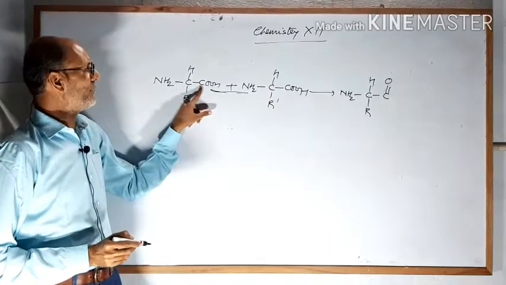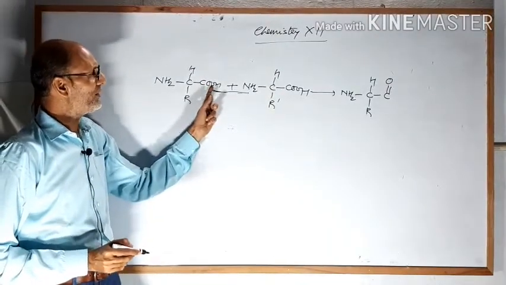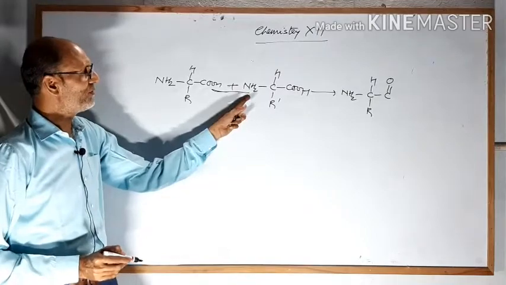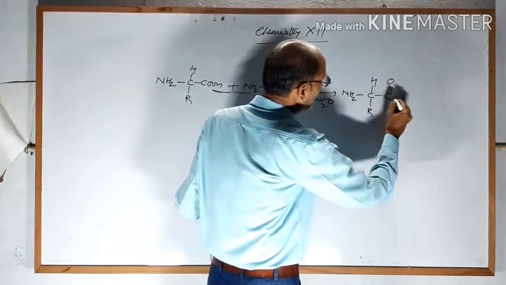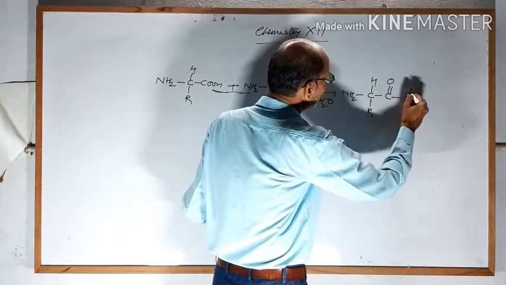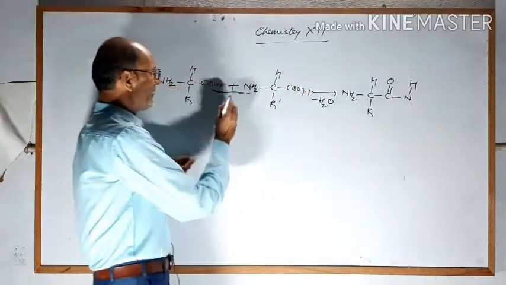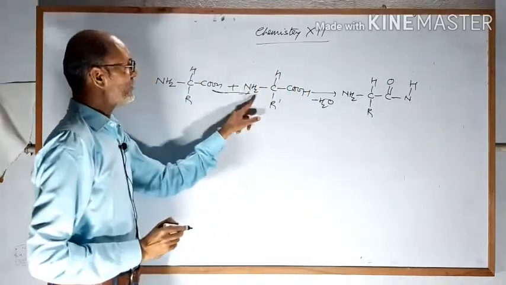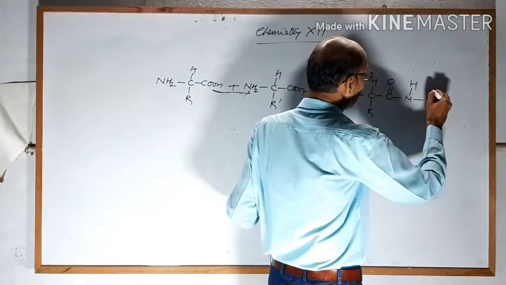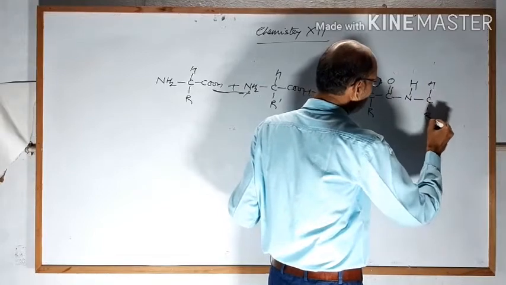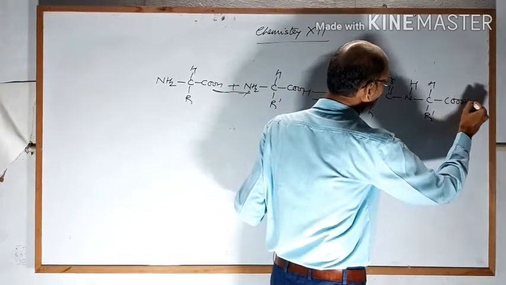This OH has gone and from here H is removed, that means H2O will be removed. So next is HN single bond H. Here one N is left and one H. Single bond C, single bond H, single bond R dash, single bond C double bond OH.